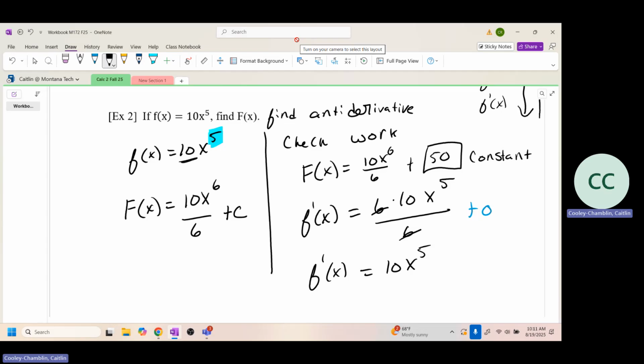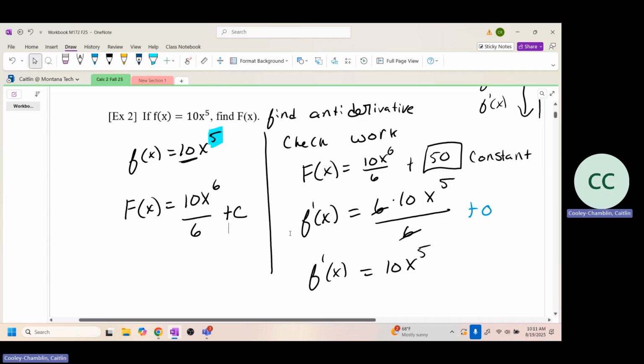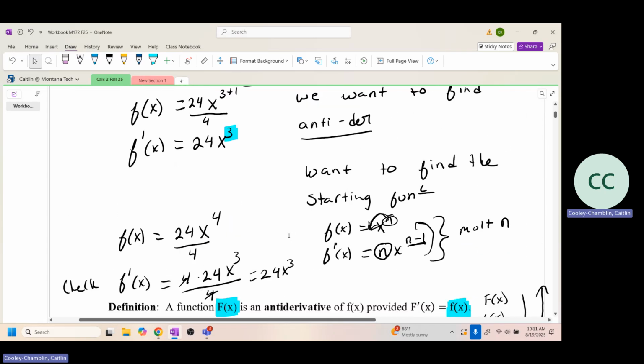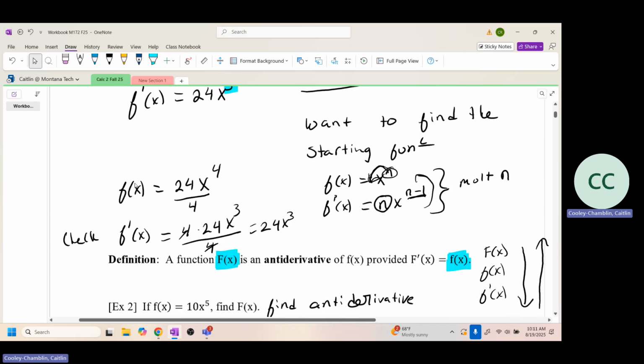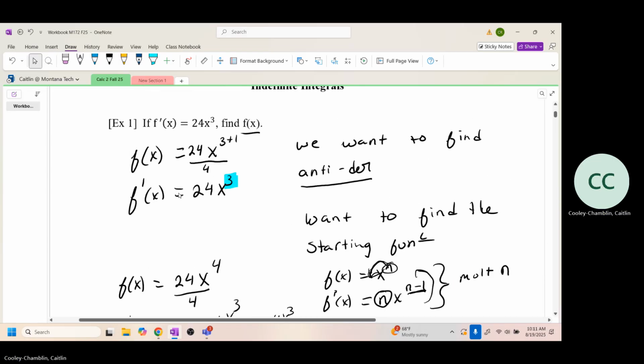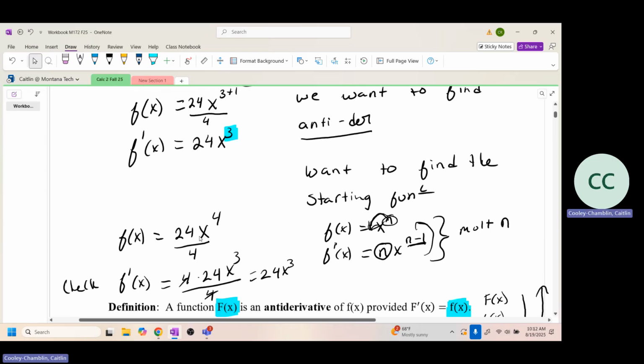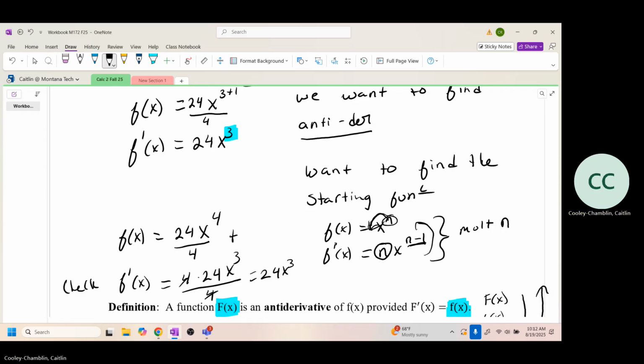You guys are going to get sick and tired of me saying plus C on all of our answers. So what that really means is our first answer was wrong. Well, partially wrong. So our final answer we said was 24x to the fourth divided by 4. But we have to worry about that constant. So I'm going to add that plus C in there.